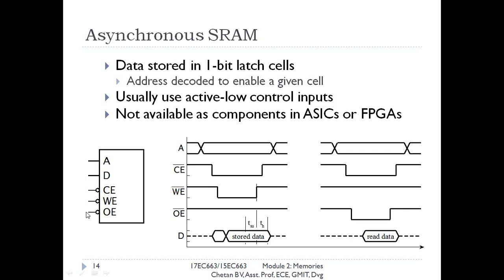If this output enable is 0, the tri-state drivers are active, and you can perform read operation. If this output enable is 1, the tri-state drivers are inactive, and you can perform write operation.